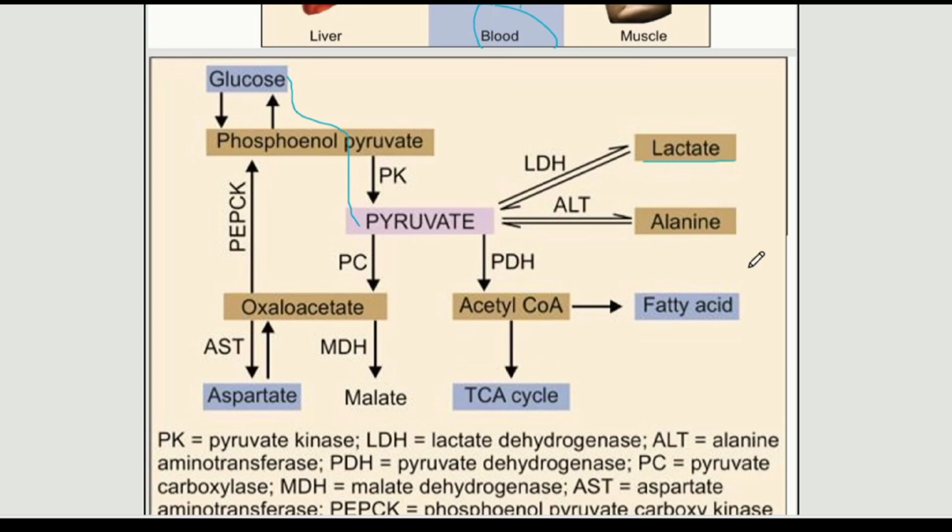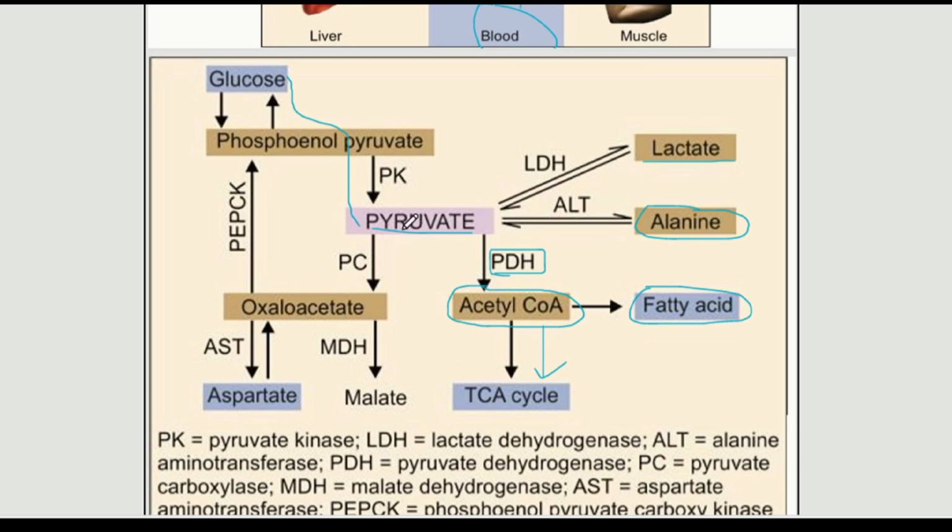From pyruvate, alanine can be produced. This is an amino acid. From pyruvate, acetyl CoA is produced with the help of the enzyme pyruvate dehydrogenase. From that acetyl CoA it goes to the TCA cycle, or it can be used for fatty acid synthesis.